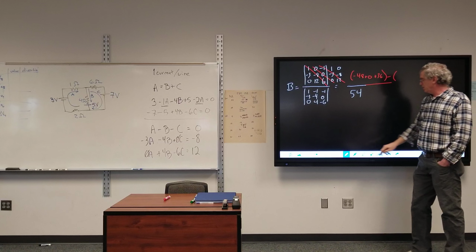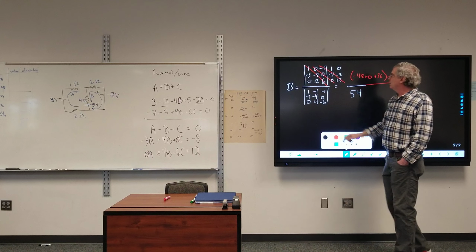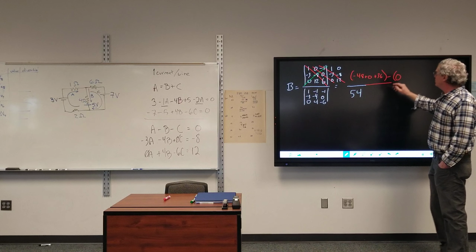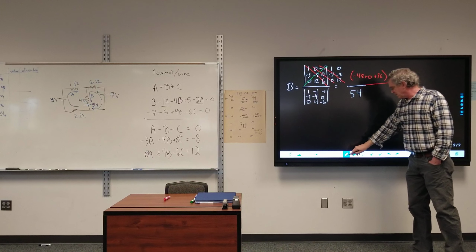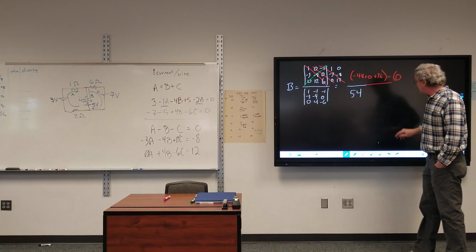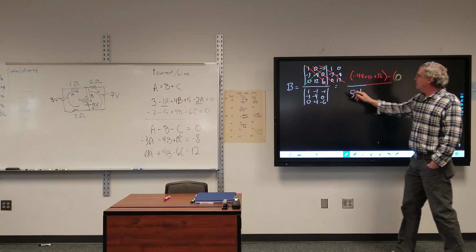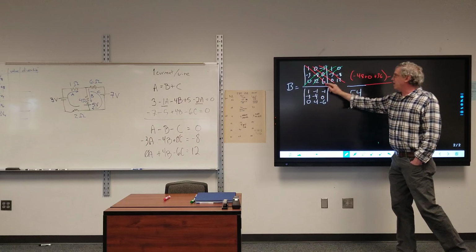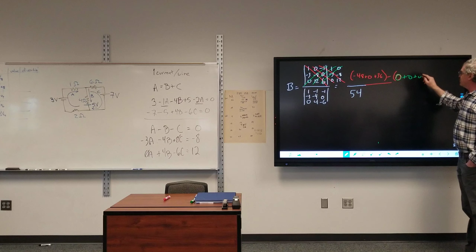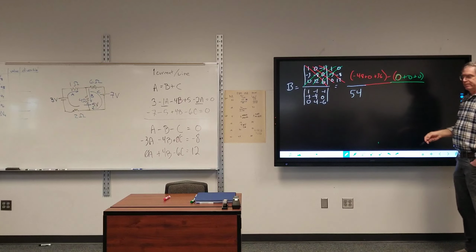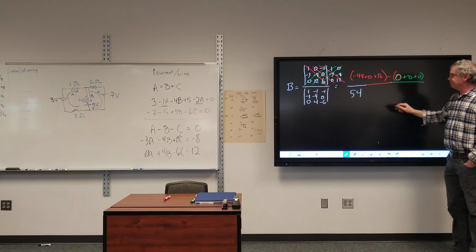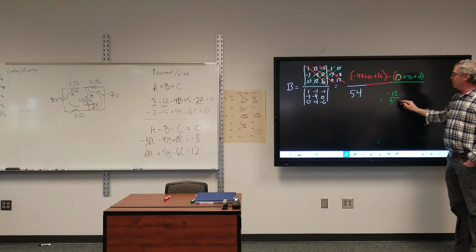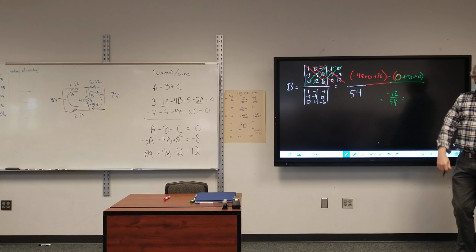Minus that diagonal, 0. That diagonal, 0. That diagonal, 0. I think I can handle that. So I end up with -12 over 54, which is something.